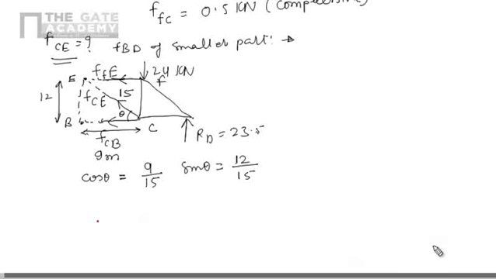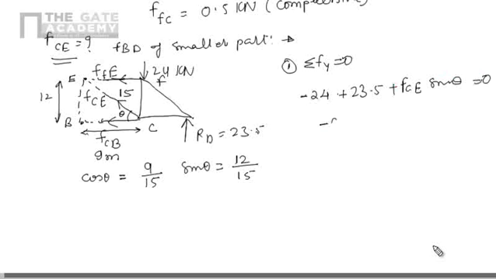Now we are interested only in the value of FCE. So only one unknown is there, and we can directly apply the equilibrium condition based on vertical force, that is, the algebraic summation of all vertical forces should be 0. We have 24 kilonewton downward, so minus 24. We have 23.5 upward, so plus 23.5. And the vertical component of FCE, that is FCE sin theta, is upward, so positive, and should be 0.